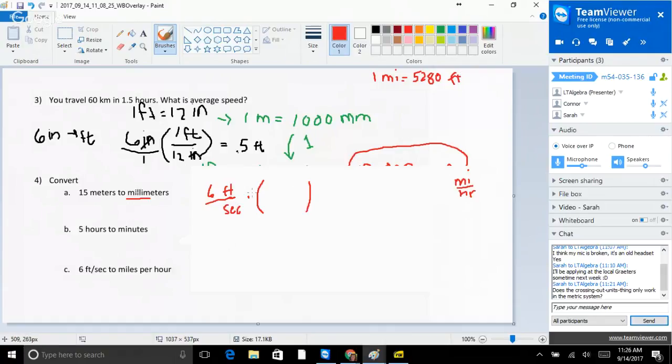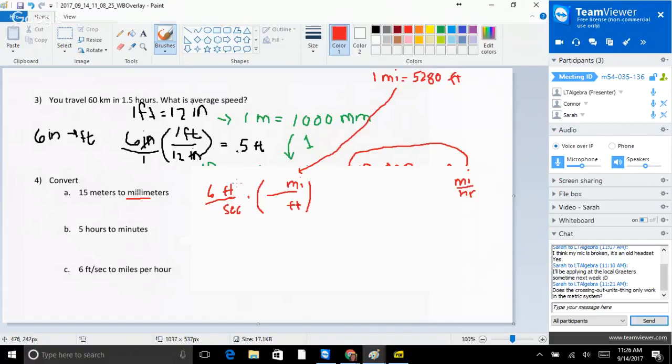Okay. So when we go to put in the conversion factor here, I want to put feet in the denominator because I want to be able to cross out my feet in the numerator here. So I want the miles to be at the top and the feet to be at the bottom.